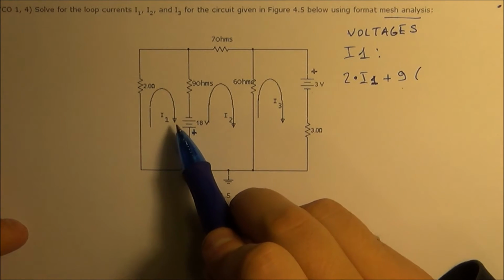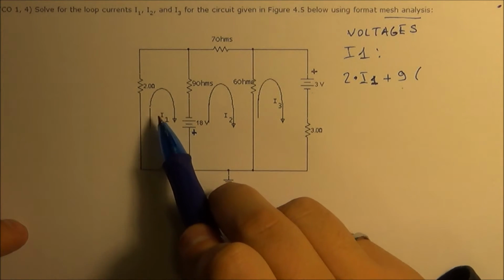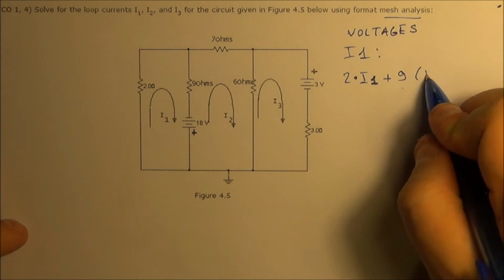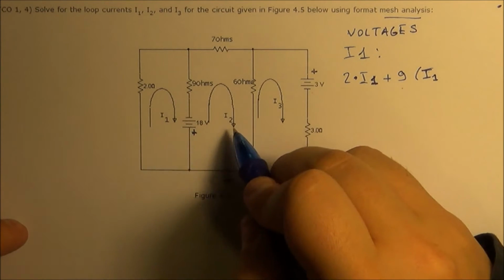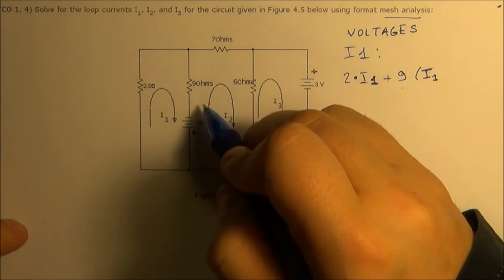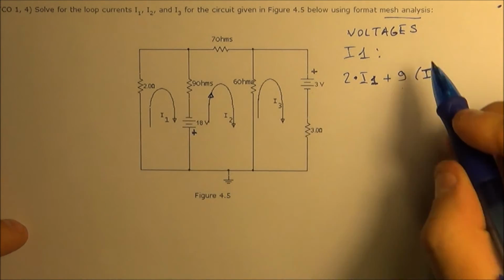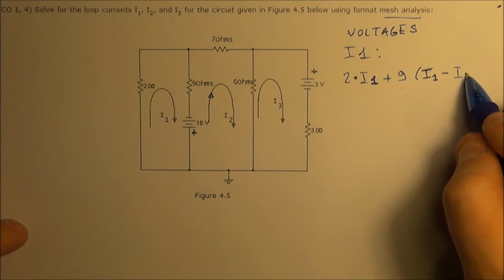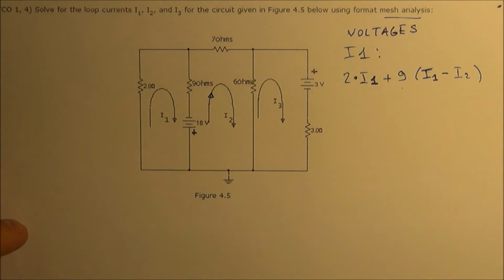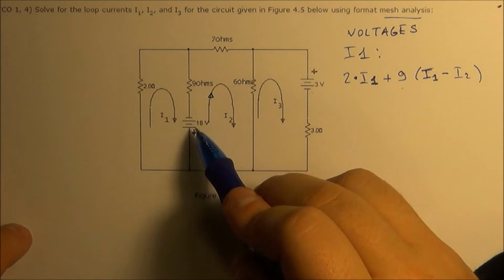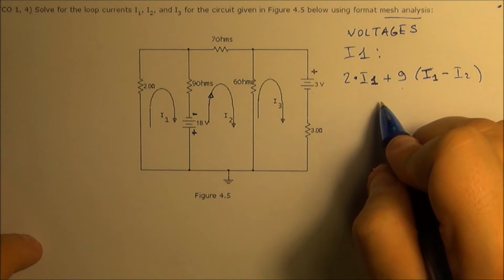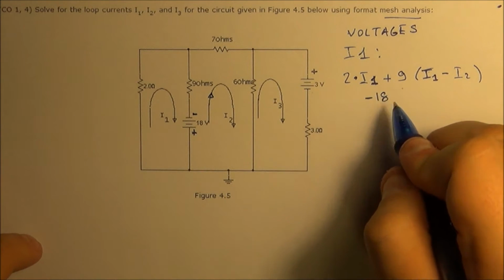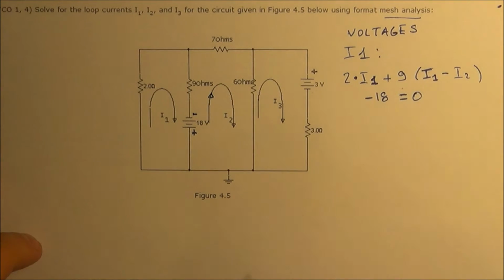In this case, what I want you to notice is that since you're going with I1, your I1 is going to be positive, so I1. And because I2, when you go through this circle, goes in the opposite direction, you can write minus I2. We keep on going, so here you enter from the negative side of the battery, so you're going to write minus 18, and all of this is equal to 0.